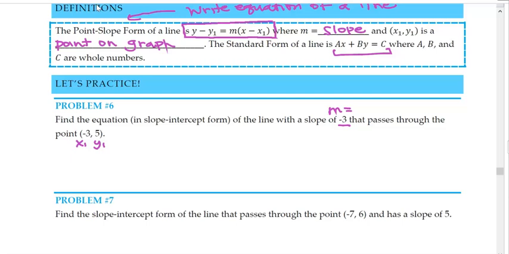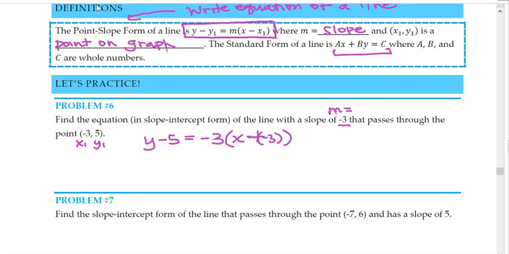That's part of our equation. So we'll have y minus 5, because that's our y1, equals m. Well, they give us that m is -3, and then parentheses x minus x1, and we can see x1 here is -3, so minus a -3. Okay, so be careful when you're minusing a -3 here. So that's really going to be add there, x plus 3, right?